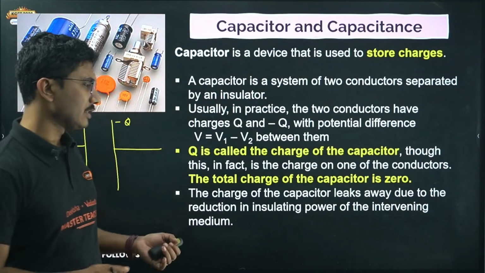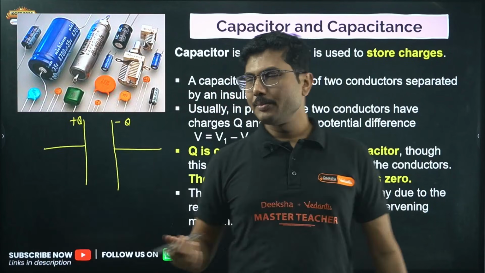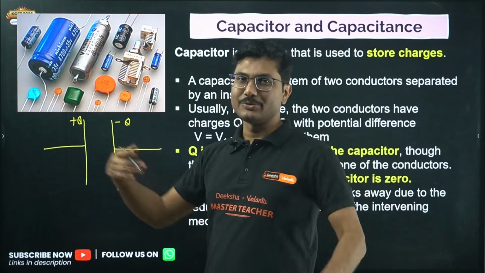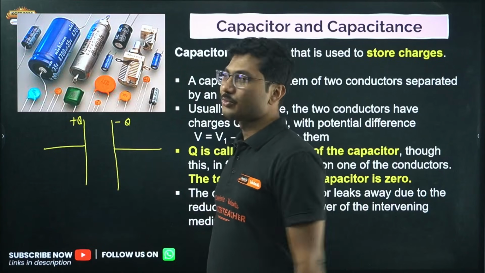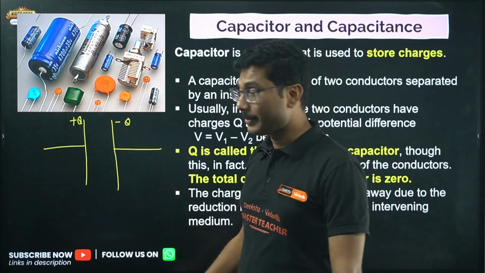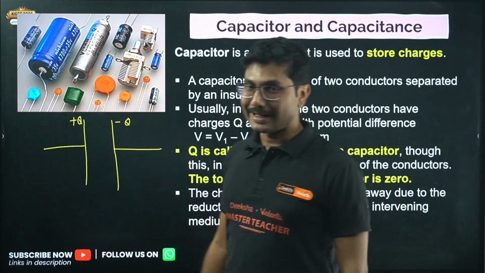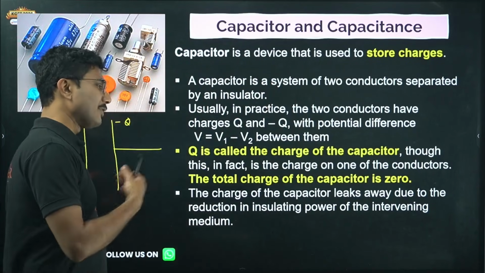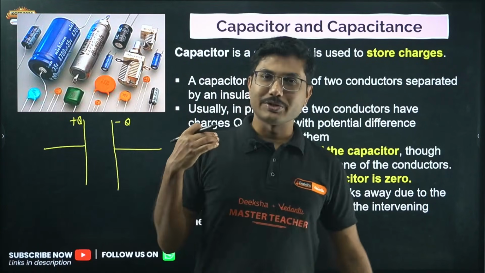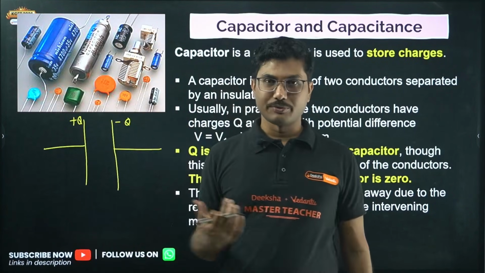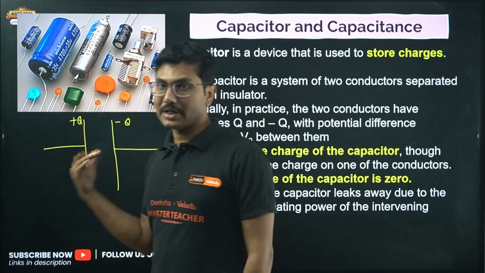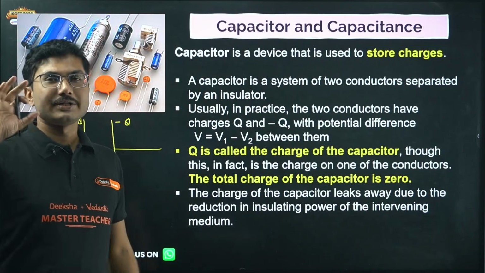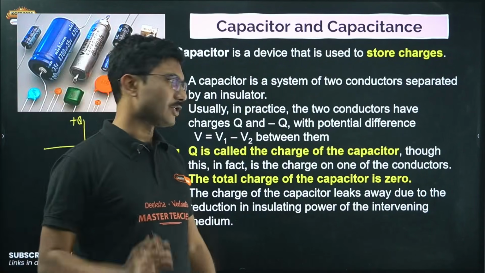But that will be a waste of energy. Capacitor is used in a circuit where charges are stored, potential has to be maintained at some value. In that case capacitors are used. So even though the total charge stored is 0, it is still very, very useful. And when we say the charge of a capacitor, it means charge of the positive plate, which is plus Q.